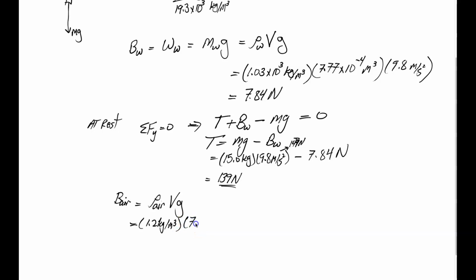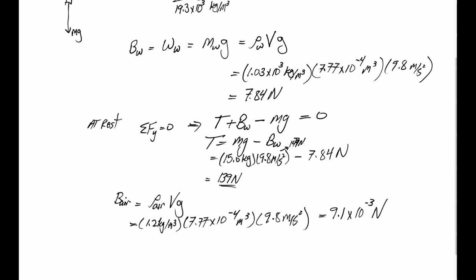The volume is still 7.77 times 10 to the minus 4 cubic meter, and G is 9.8 meters per second squared. This gives us 9.1 times 10 to the negative 3 Newton.